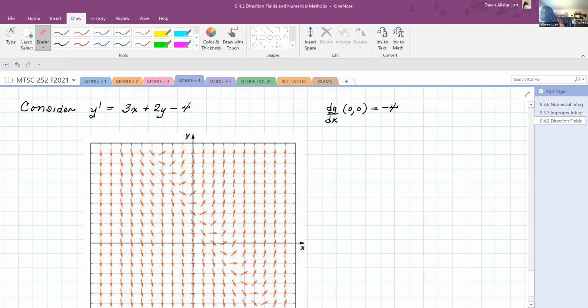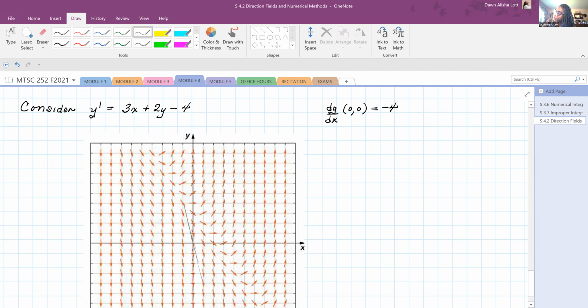If I were to draw this line straight up, it goes right up there. So that has slope -4 at that point. Can everybody see that? And if I were to go the other direction, it's still slope -4. At every point, you just plot the slope, which is a function of x and y.